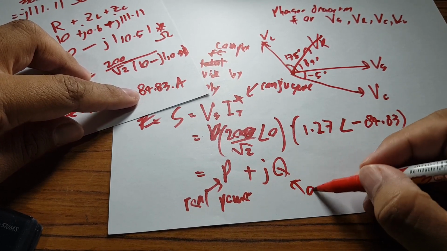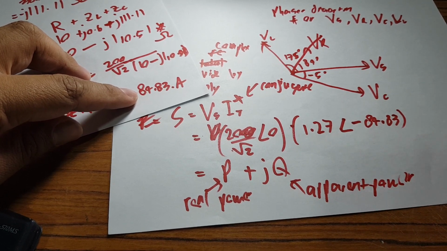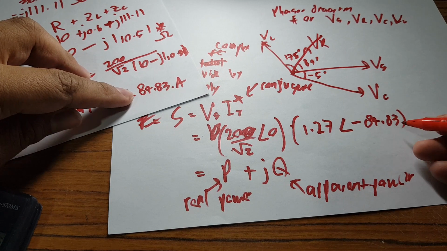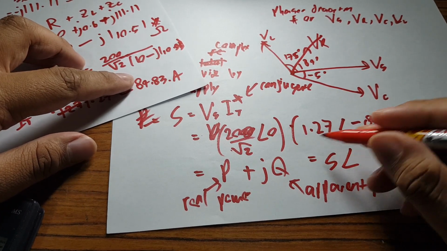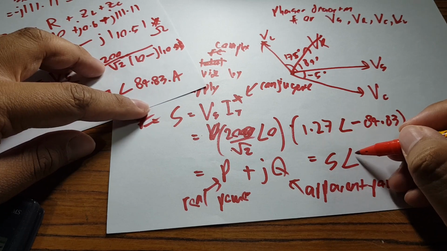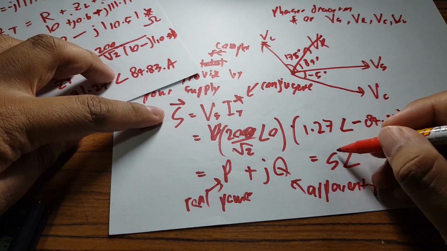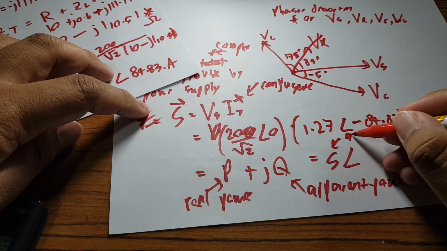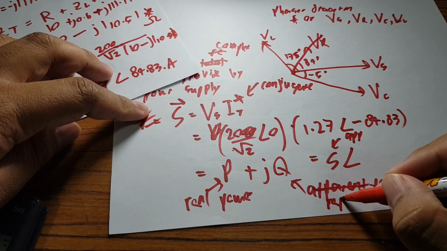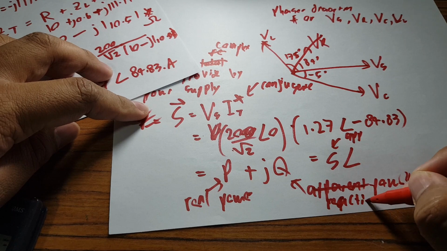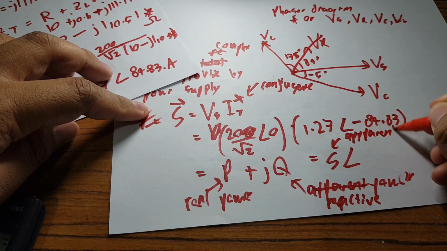This one becomes the apparent power, okay, or the answer can be S. So your answer, okay, this one is complex power, this one is reactive power, reactive power. This one is apparent power.